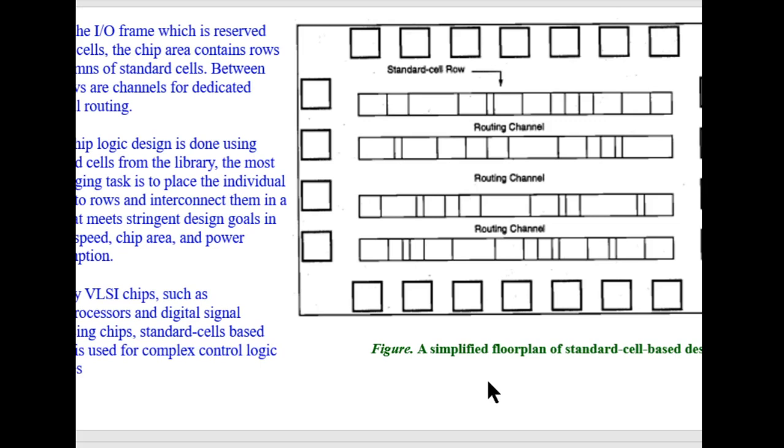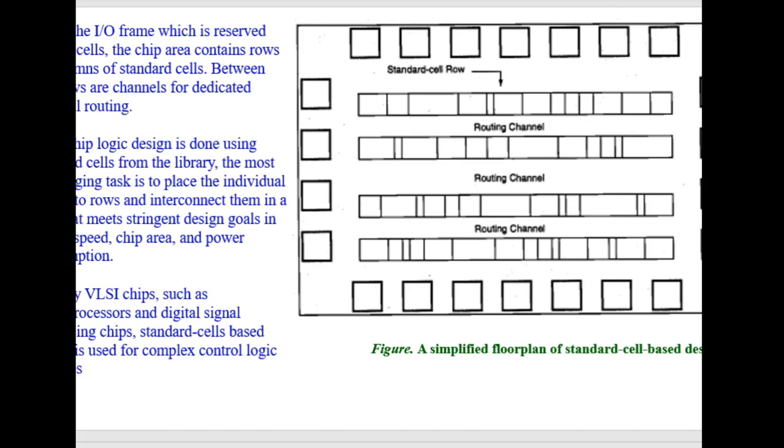So here, look at this diagram. Okay, this shows a simplified floor plan of a standard cell based design. A floor plan will show us the arrangement of different components on this particular IC area. So let's say this complete rectangle shows the particular IC area.